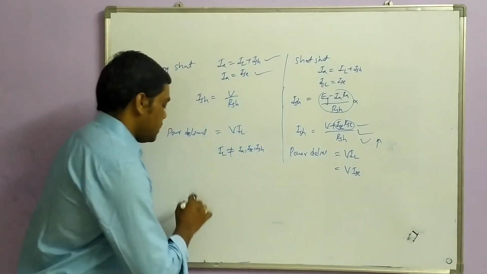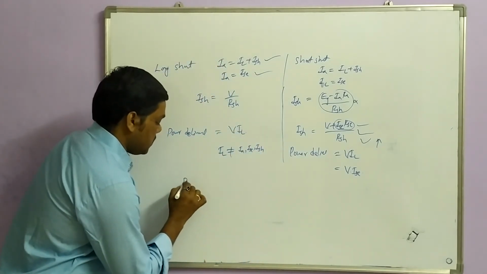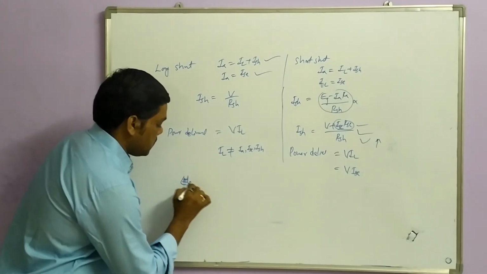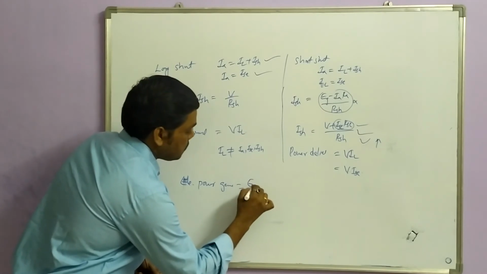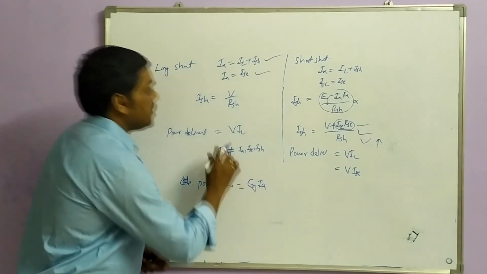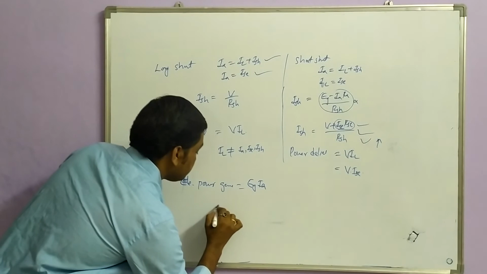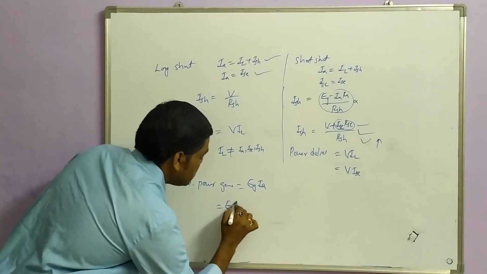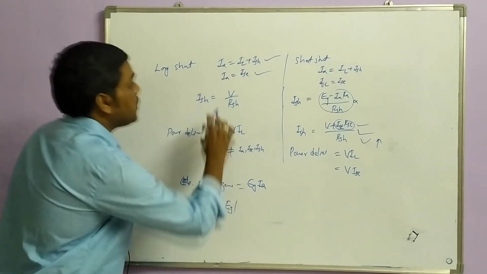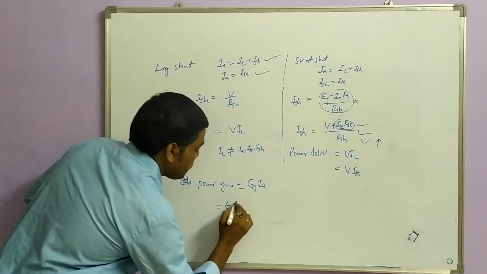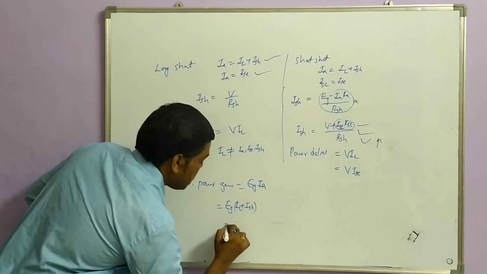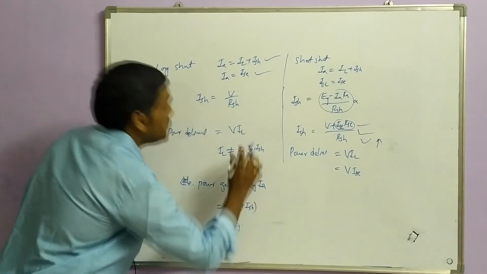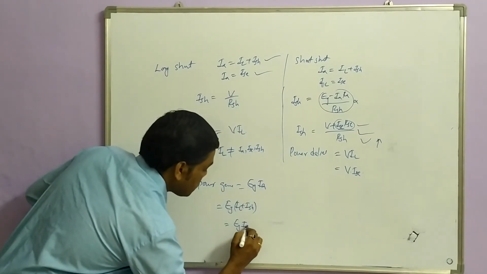Now the generated EMF, so electrical power generated is equal to Eg into Ia, but Ia can be written as IL plus ISH, and you can also write it as Eg into ISC.